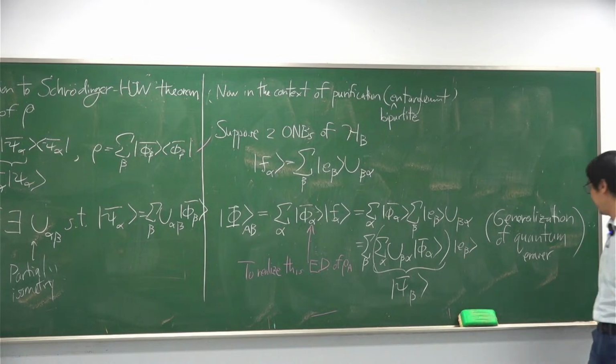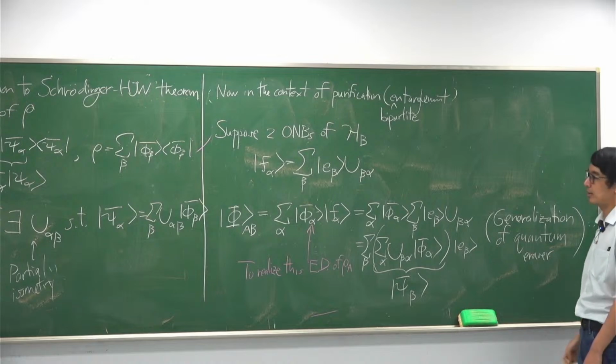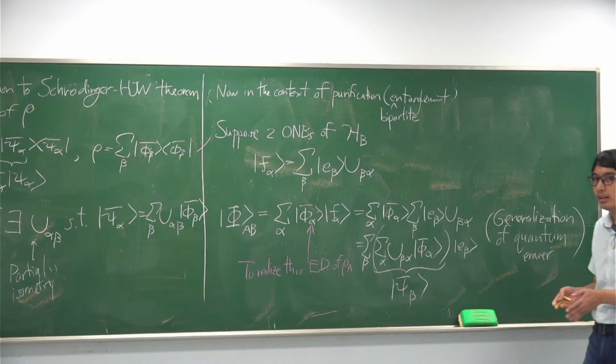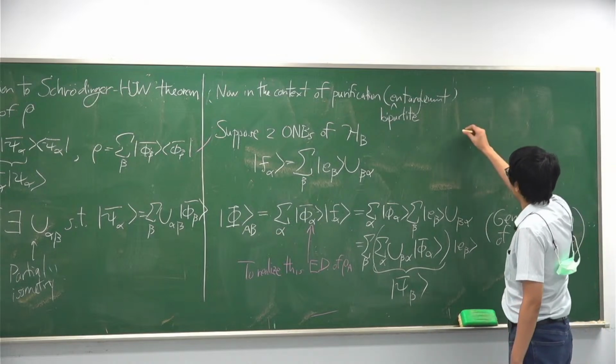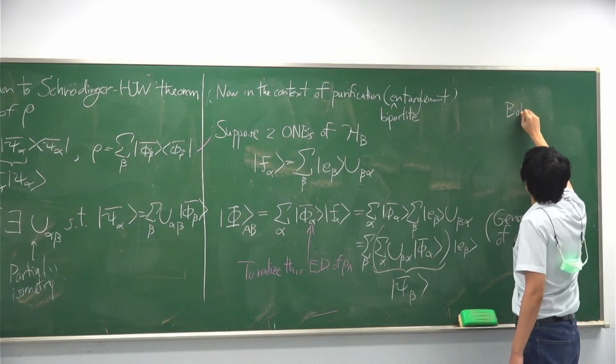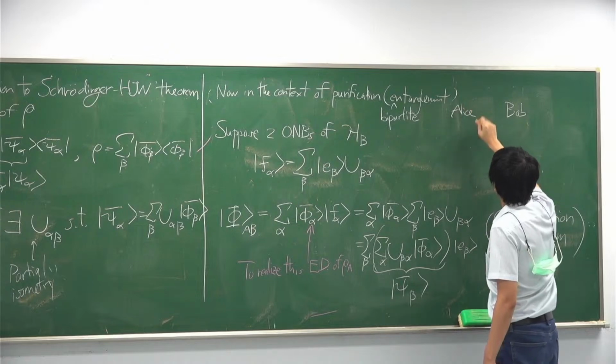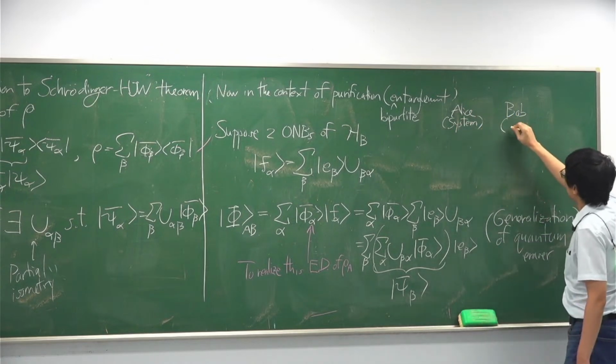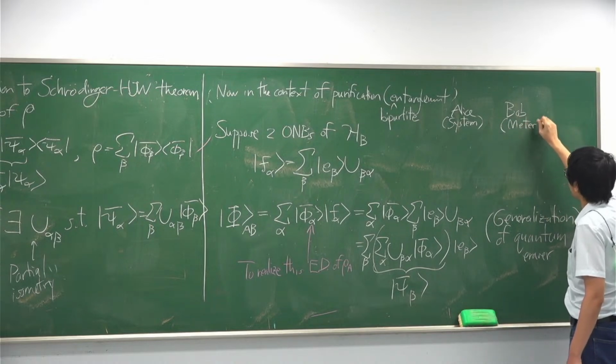Because over there, in the quantum eraser case, there are just two choices, right? So Bob can measure in the X basis, and if he finds the result 0, then Alice's state is this. I originally labeled this as system and meter, right?